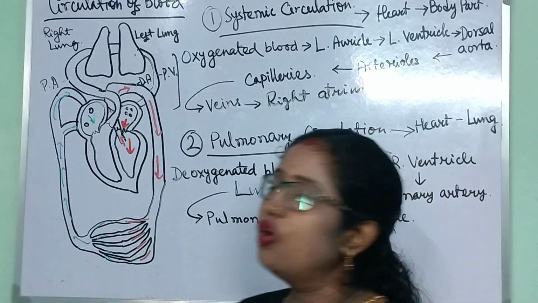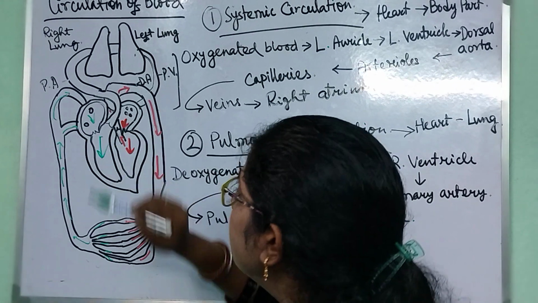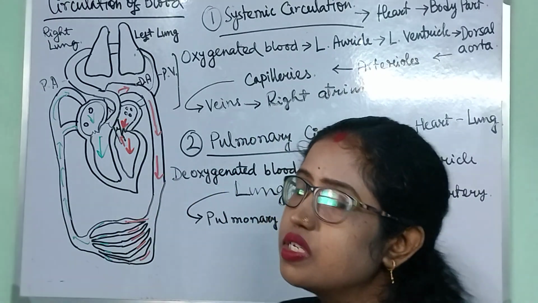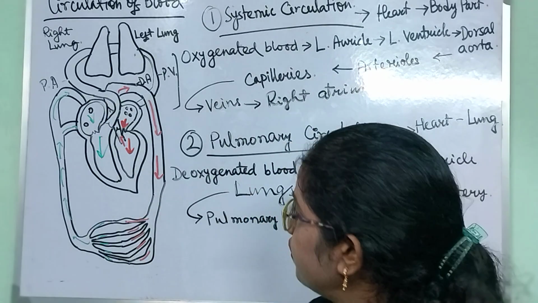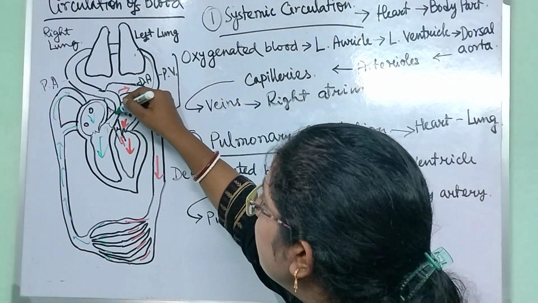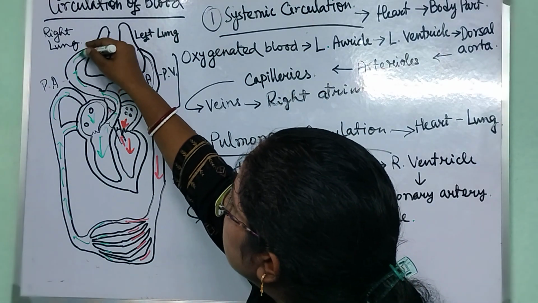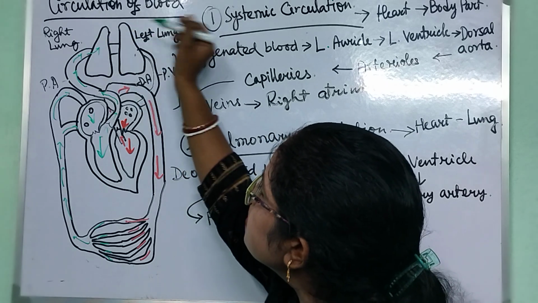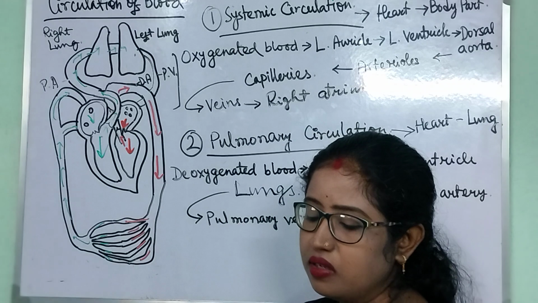Then the right auricle contracts, and the deoxygenated blood fills into the right ventricle. Then the right ventricle contracts, and the blood passes into the pulmonary artery, and the pulmonary artery sends its blood content into both the lungs.